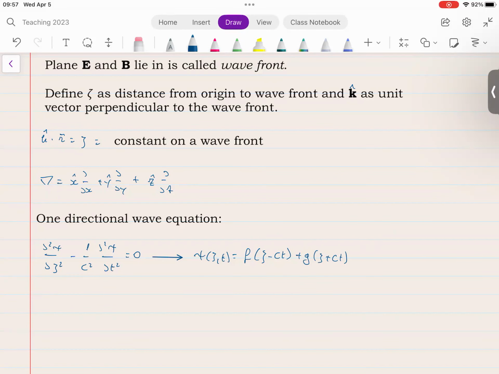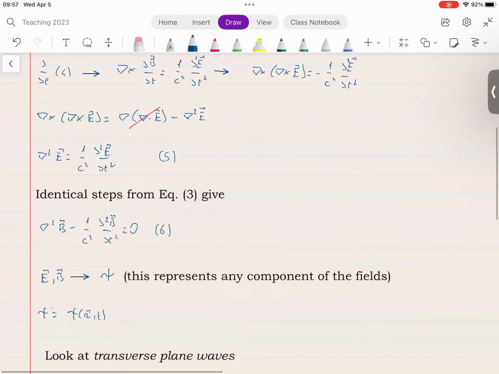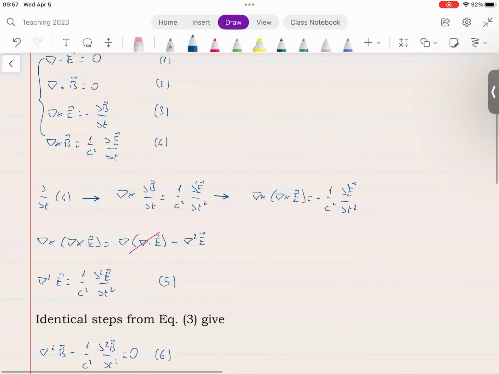Or if you prefer, f is a plane waveform propagating in the positive zeta direction, and g is a waveform propagating in the negative zeta direction. And the velocity of propagation is, of course, c, the speed of light, which I've not said anywhere, but you do know that. c squared is 1 over epsilon naught mu naught.